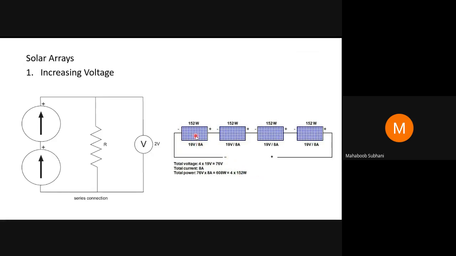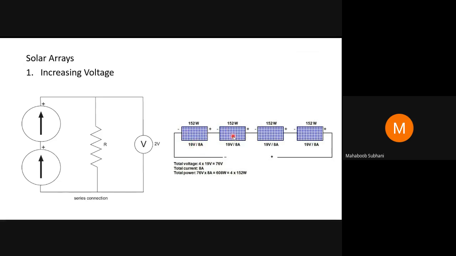Now, in this series connection, the current generated will be the same throughout the circuit, so there is no change in the current value. But in the case of voltage, if you measure the voltage across the first cell alone with a voltmeter, you'll get 19 volts.